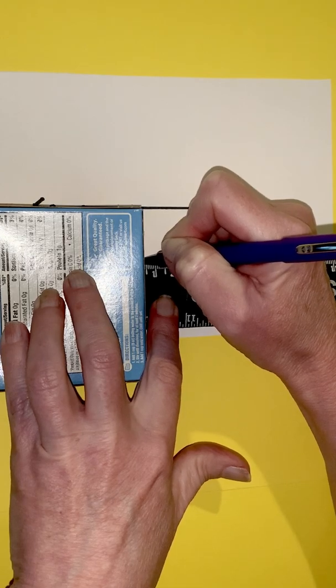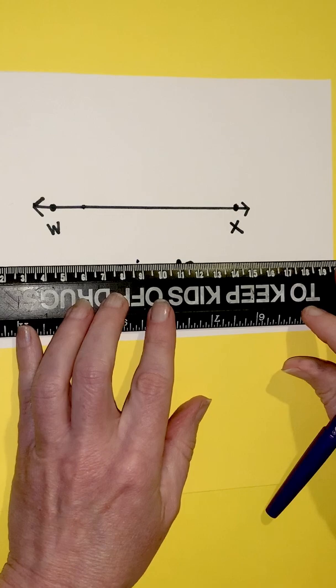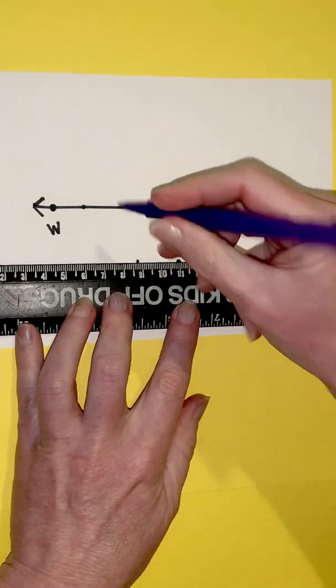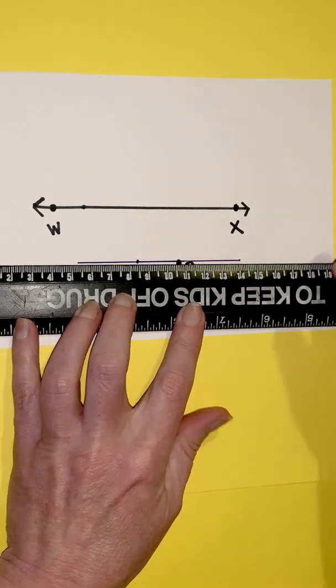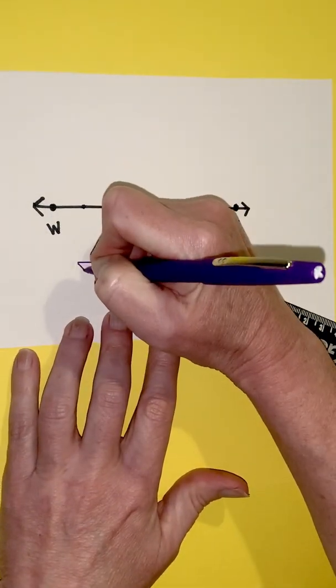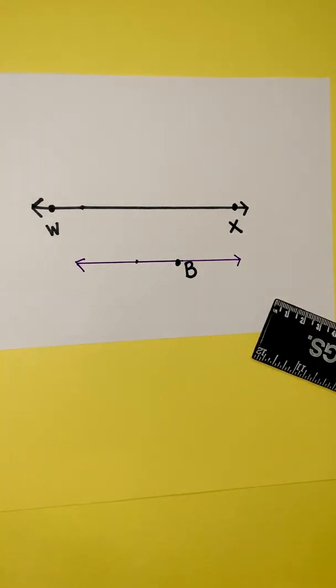So I'm going to put my dot right there. Now I can pull this away. I have my two points, and I can extend those out however long I would like them to be. And these two lines are parallel.